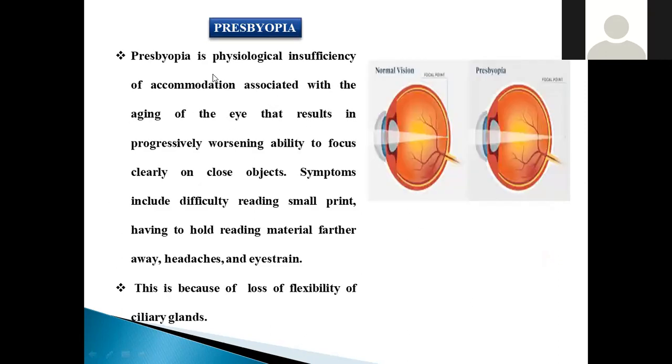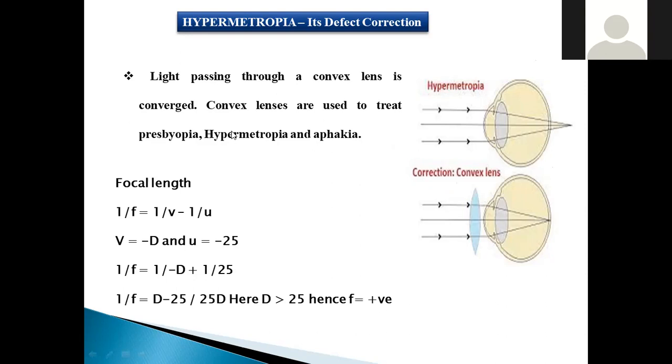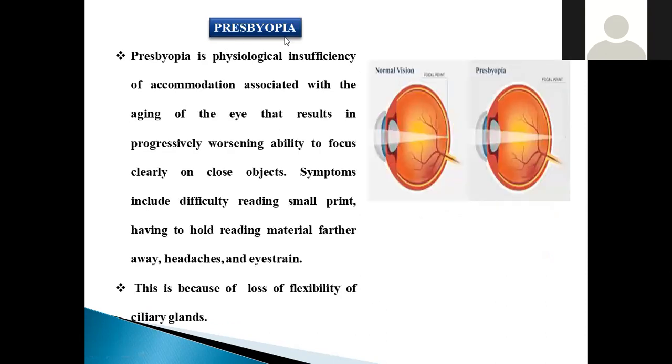And the last kind of defect is known as presbyopia. Okay. The third type of defect is known as presbyopia. Let us see how it appears and what kind of defect it is. In normal vision, the real image of the picture falls on the retina and is captured.